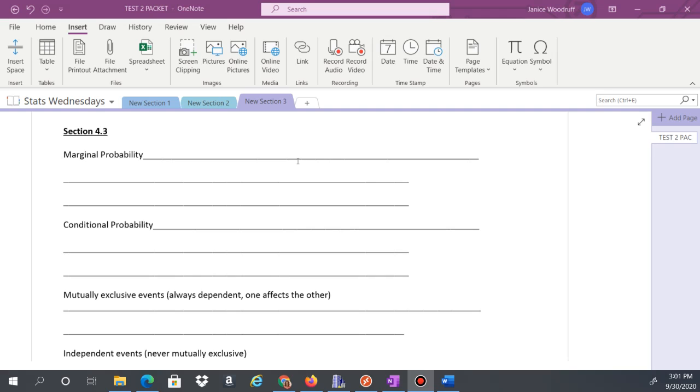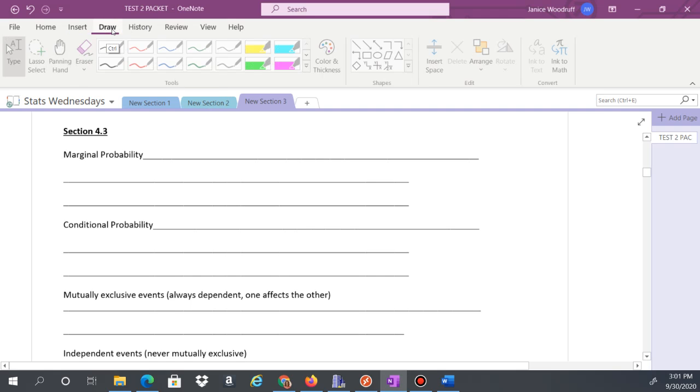We're going to start off with marginal probability, which is the probability of a single event without the consideration of another event.